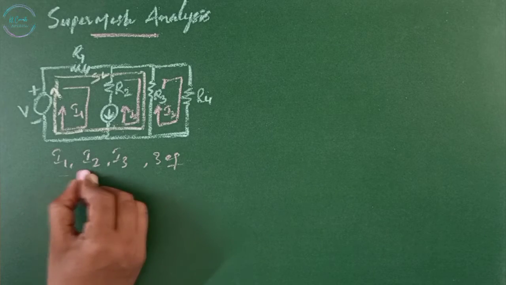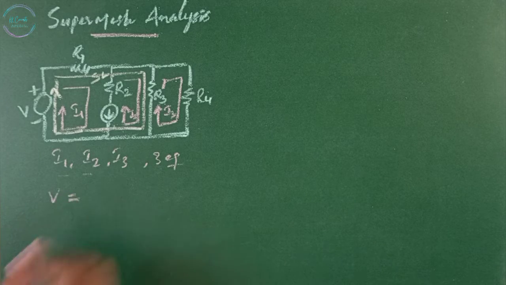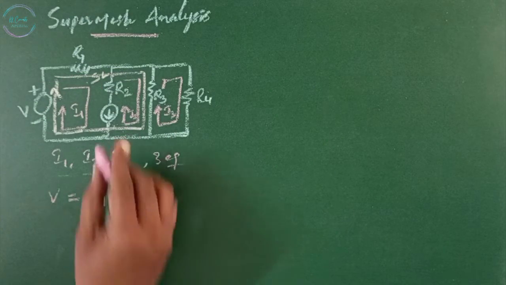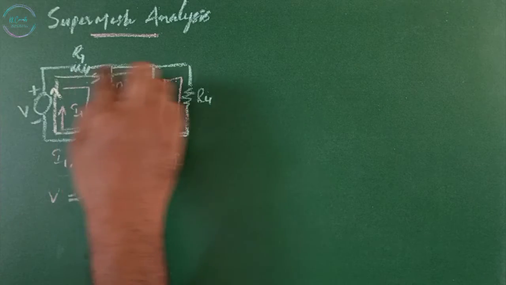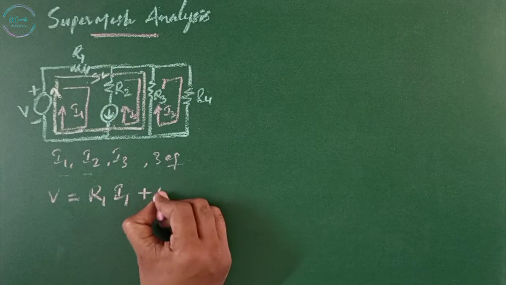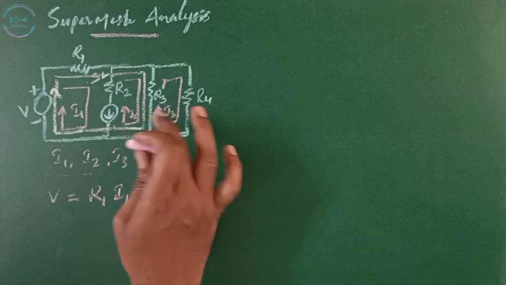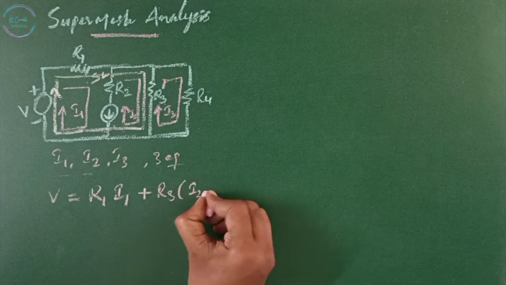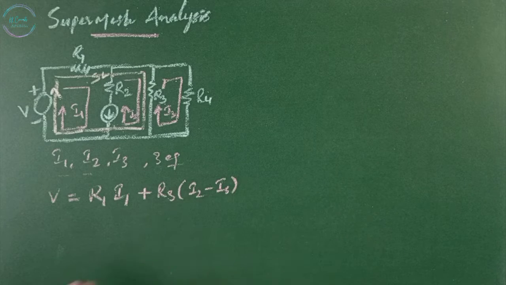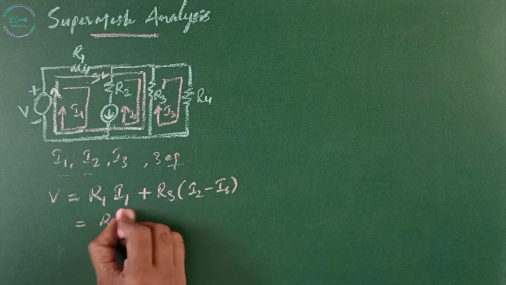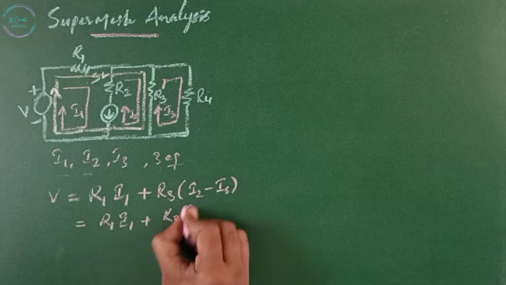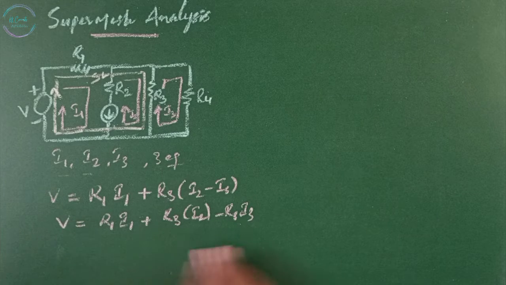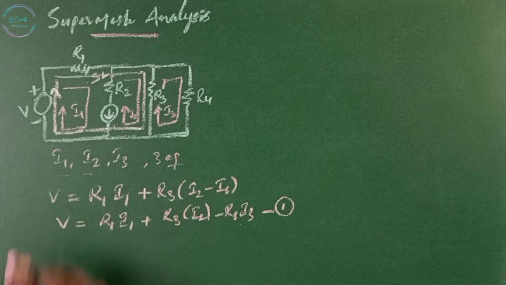Now loops 1 and 2 are clubbed, so V equals R1 I1 plus R3 times (I2 minus I3), since I2 flows in one direction and I3 flows in the opposite direction. Rearranging, R1 I1 plus R3 I2 minus R3 I3 equals V. This is our equation number 1, for the super loop.